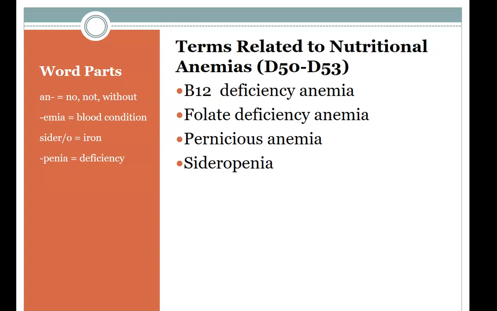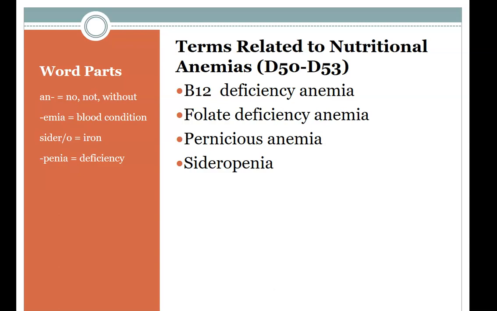Terms related to nutritional anemias. B12 deficiency is an insufficient blood level of cobalamin, also called vitamin B12, which is necessary for mature RBCs. It may be caused by inadequate diet intake or by the absence of intrinsic factor, a substance necessary for B12 absorption.